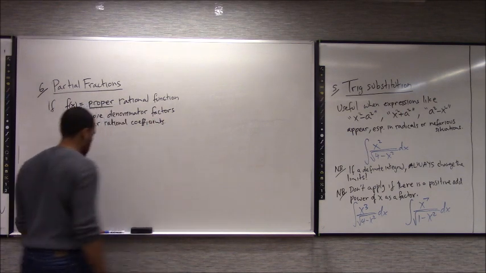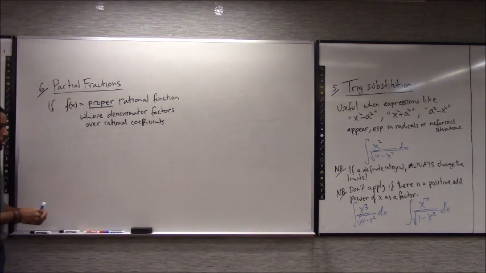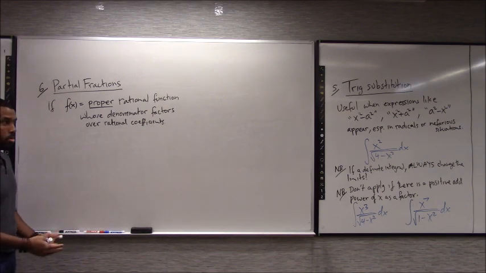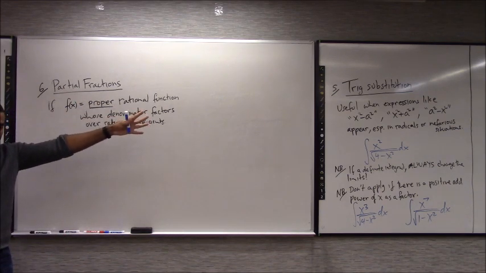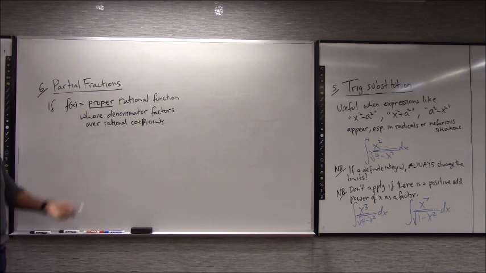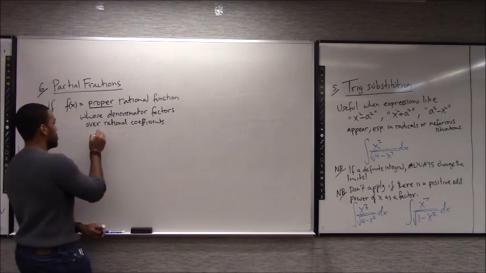Right? So if you have a ratio of two polynomials and you can factor the denominator and none of the other stuff works out, partial fractions is what you're going to choose, right? Of course, if it's not proper, you know to do the long division.